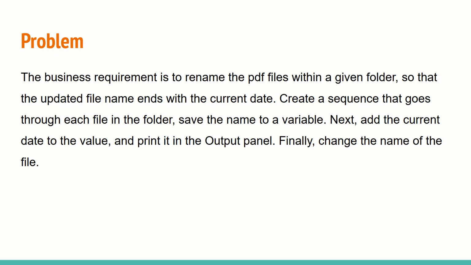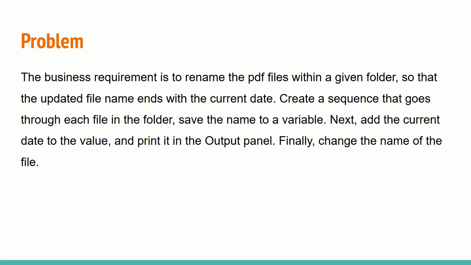So we must create a sequence in which it should go through each of the files in the folder, and we should be able to save the name to a specific variable, and then add the current date to it, print it in the output panel, and finally change the name of the file with the current date attached.